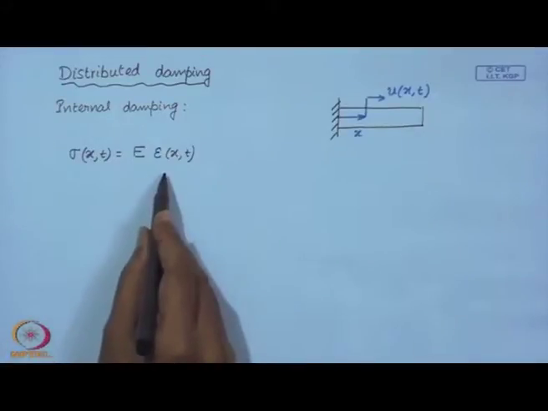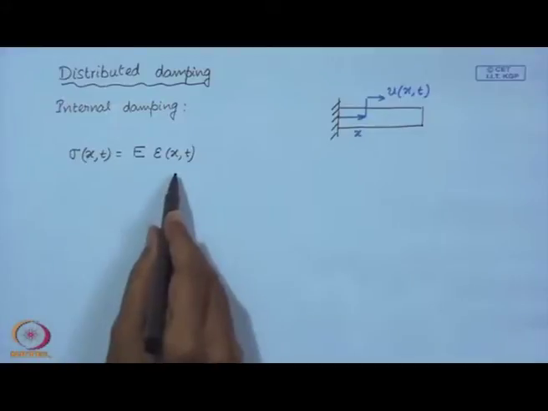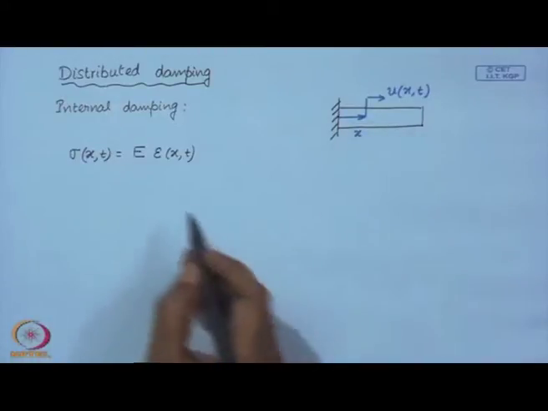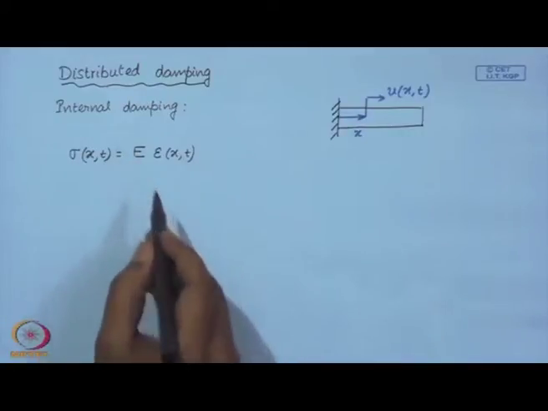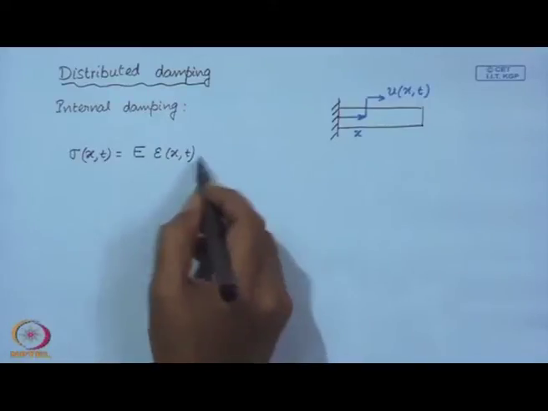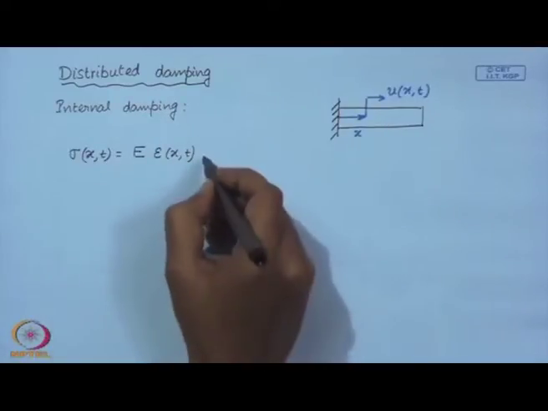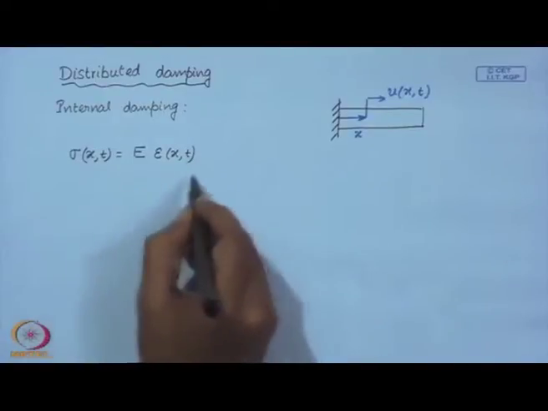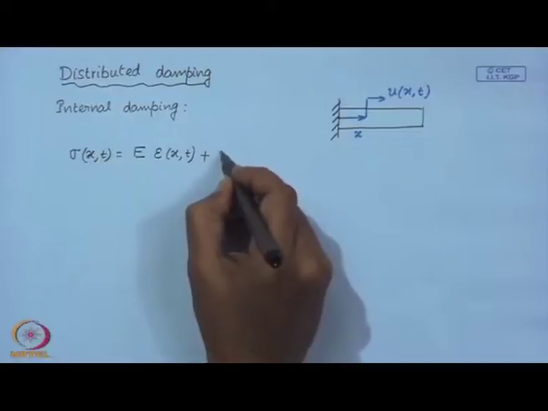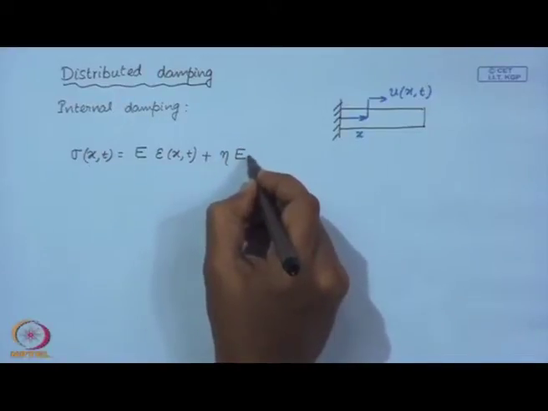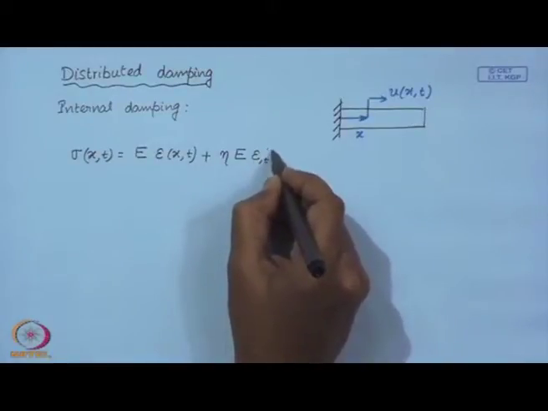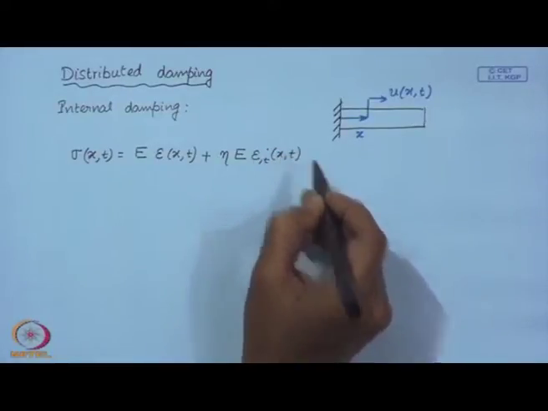Now, as I mentioned, in order to model internal damping for a one dimensional system, we must somehow consider the rate at which this straining is taking place. So, we modify our constitutive relation to include the strain rate.